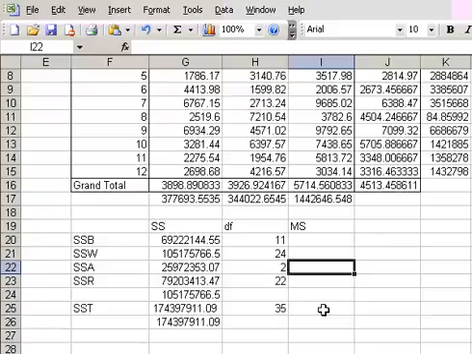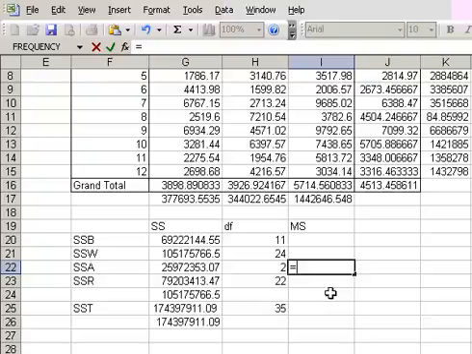We could find mean squares for sums of squares between, sums of squares within, sums of squares total, but none of these are of particular interest. All we're really interested in this case is the mean square for admissions and the mean square for the residual. These will make up the f-test.